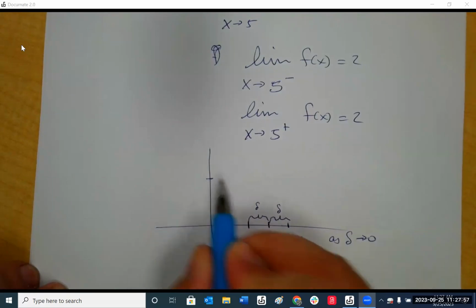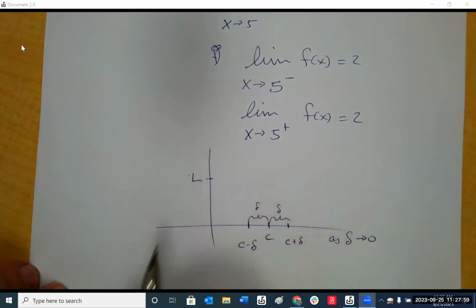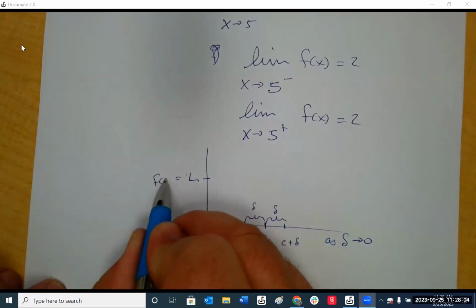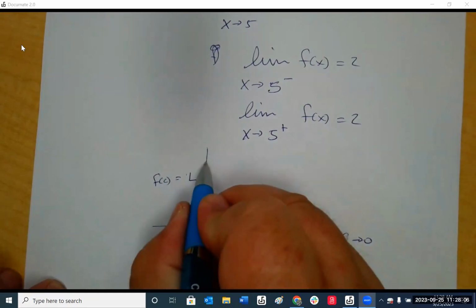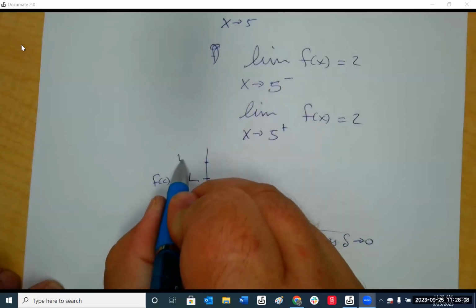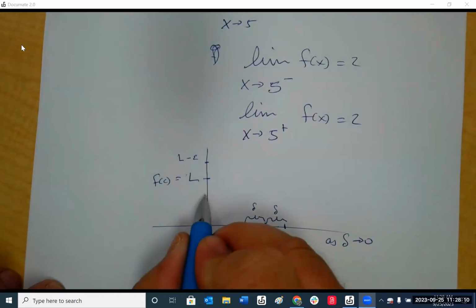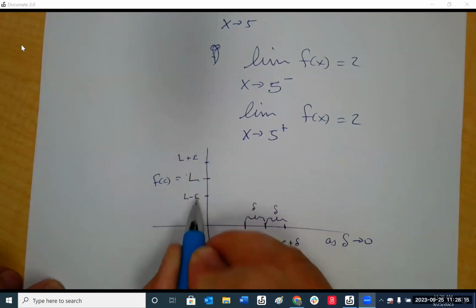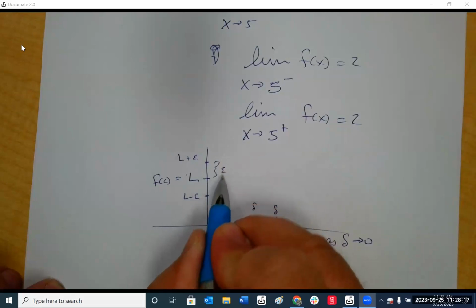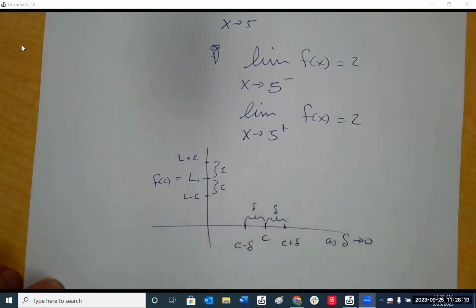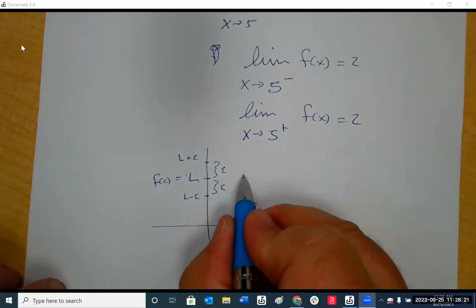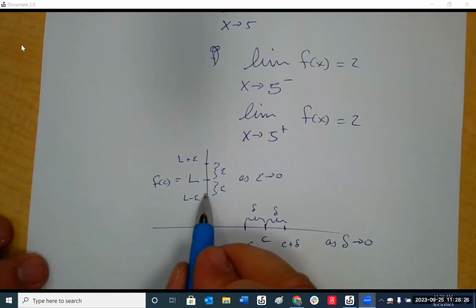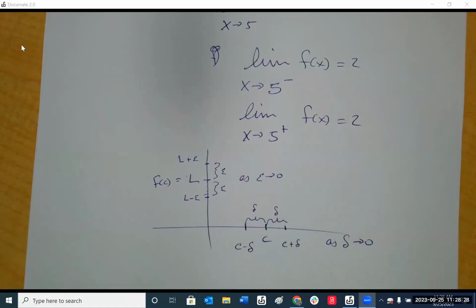What that means is it approaches some value f of c, where this is L minus epsilon, this is L, and this is L plus epsilon. So epsilon represents these values. As epsilon goes to 0, our limit exists at f of c.